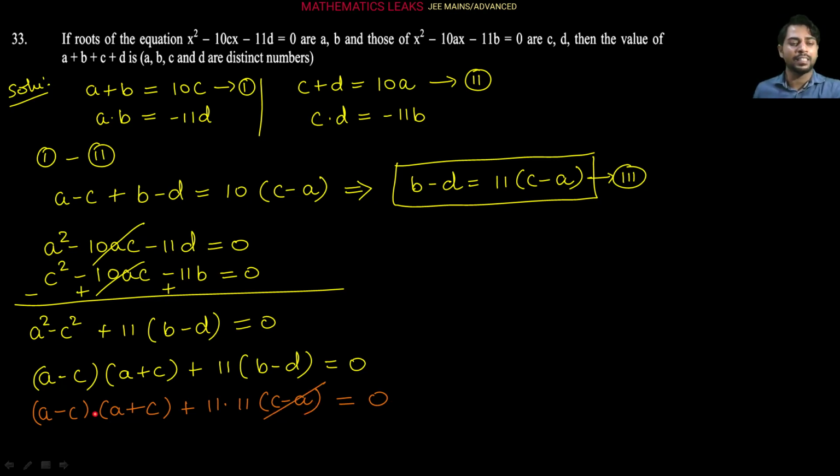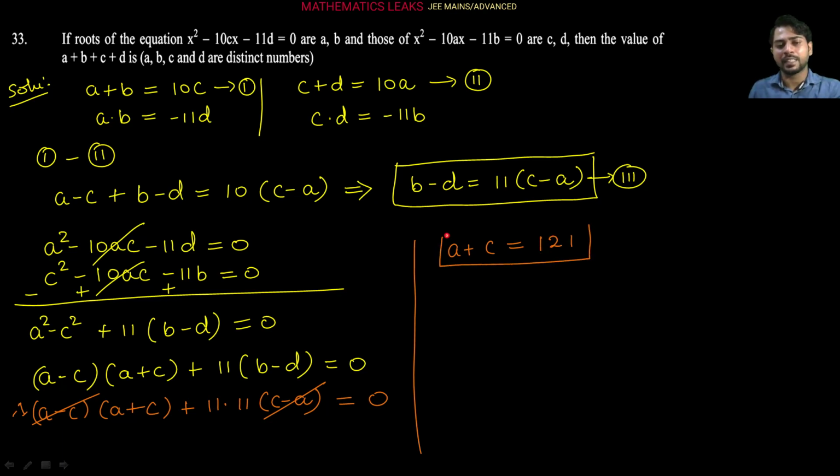So this c minus a and this a minus c will get cancelled, leaving minus 1, since a minus c is minus of c minus a, and we divide the entire equation. So a plus c on that side, a plus c is equal to 121. A plus c is equal to 121 we are getting here.